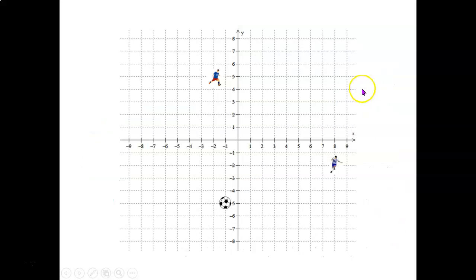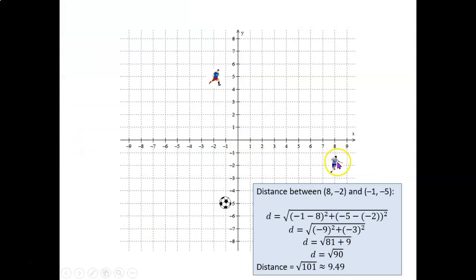So now let's revisit our soccer players here. Remember I said we'd be able to calculate exactly how far each one of those guys is from the ball, so we can tell for sure who's closer. This guy here is at the point 8, -2. Meanwhile, the soccer ball is over here at -1, -5. So if we calculate the distance between 8, -2 and -1, -5, remember how that works.